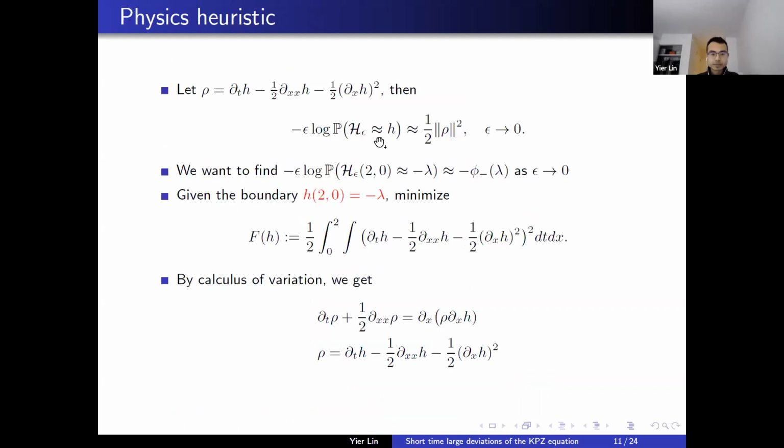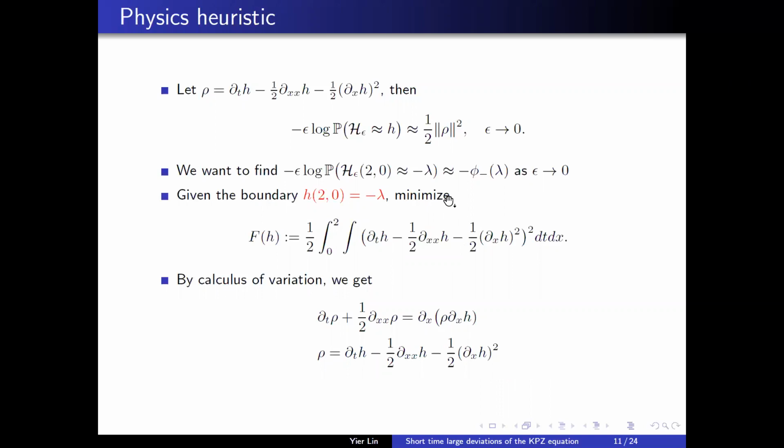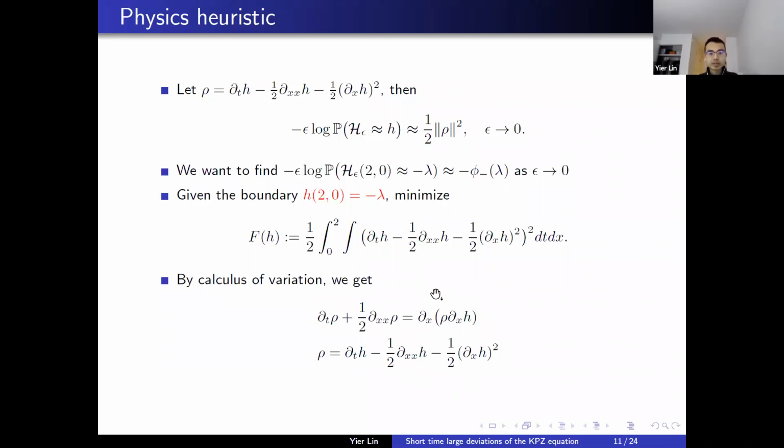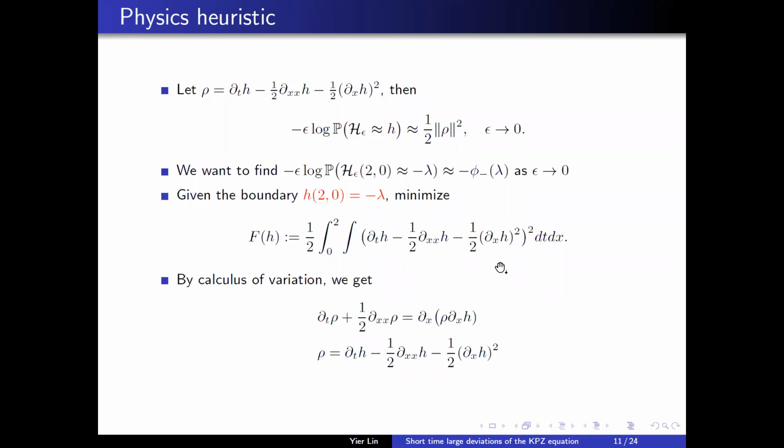Yes, so one is an initial value, that's where you start. The other has to do with this h epsilon at 2, which should serve as a terminal value, that's where you end up. So when you do this calculus of variations, you also need to impose certain boundary conditions, in particular the boundary h at 2 equal to minus lambda.